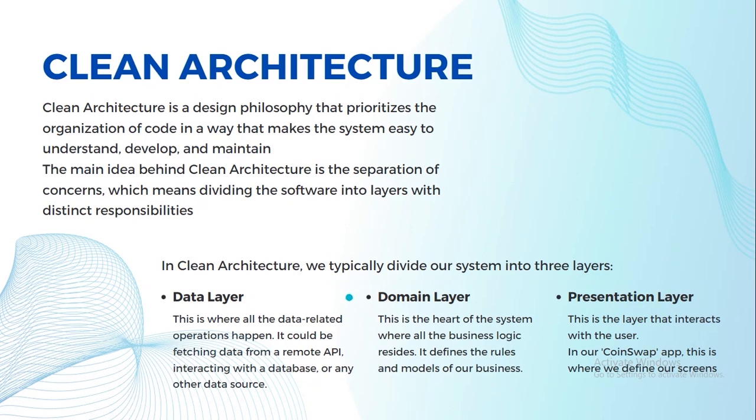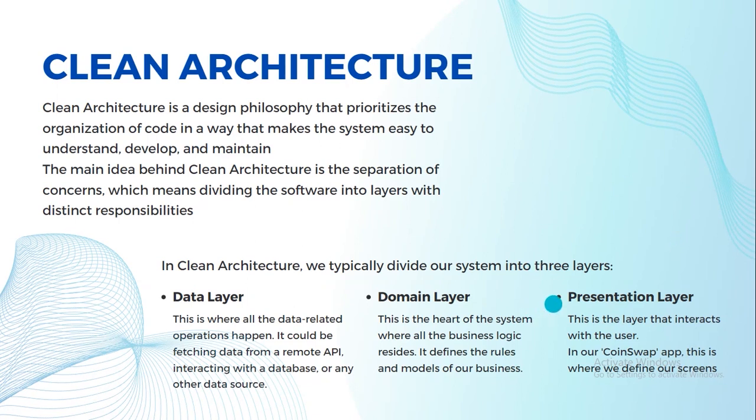And another is this domain layer. So in this domain layer we keep all our business logics, like we keep all the models of our business and all the rules like sorting and these things. And the third layer is this presentation layer. So this is the layer that the user interact with.